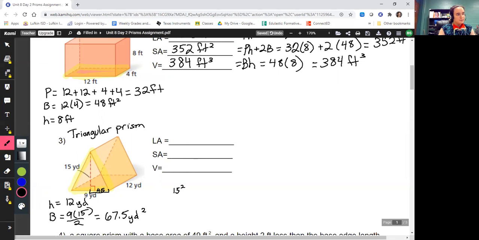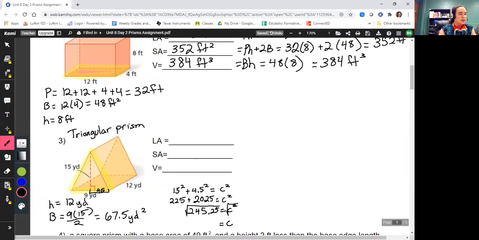So we're going to do 15 squared plus 4.5 squared equals c squared. 15 squared is 225. 4.5 squared is 20.25. Added together, we get 245.25. And then we're going to take the square root of that.